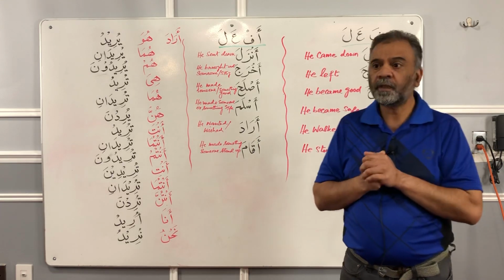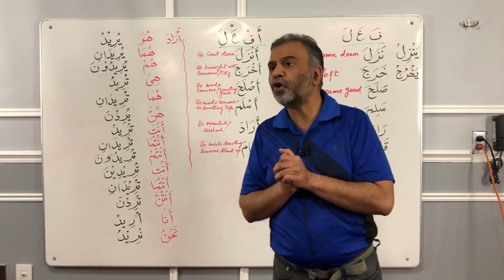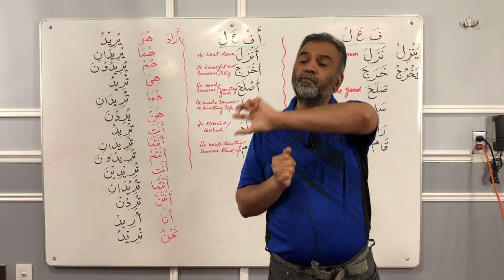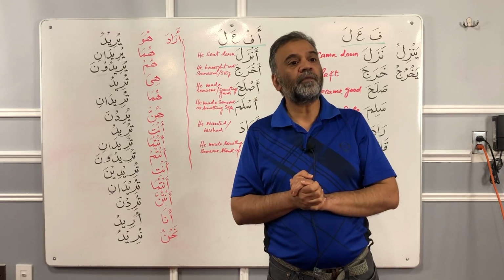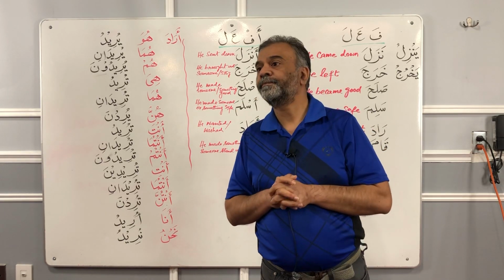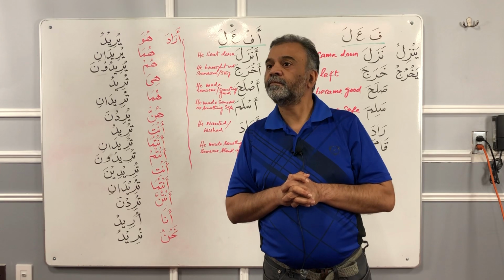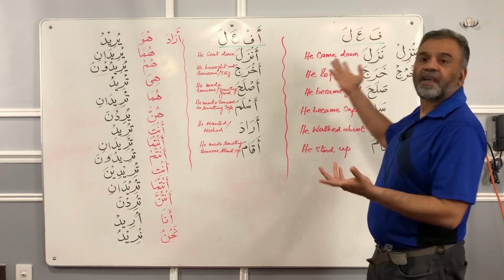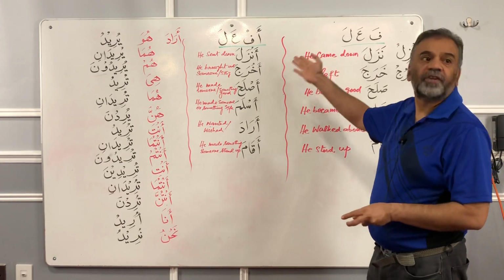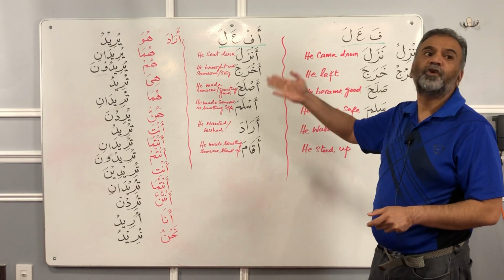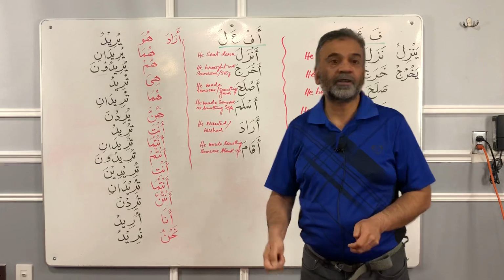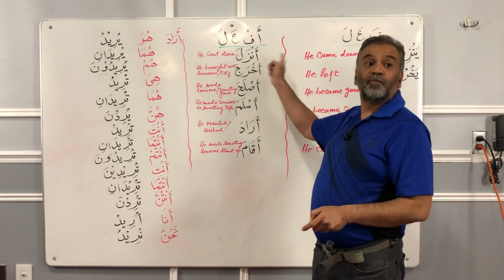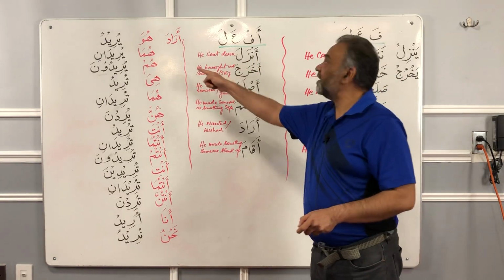If the verb is ghair mutaddi, not transitive, when it moves into form 4, it becomes mutaddi. That's why nazala is a non-transitive verb. He came down. We don't need a mafulun bihi, or object, right? But when it moves into form 4, anzala, he sent down.